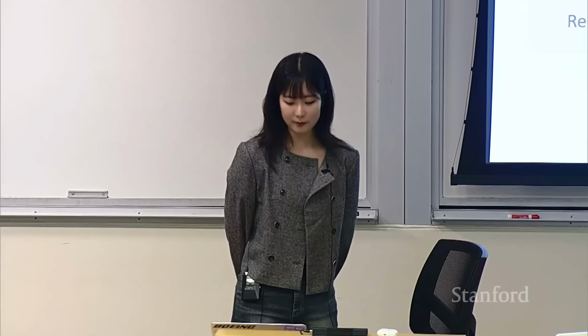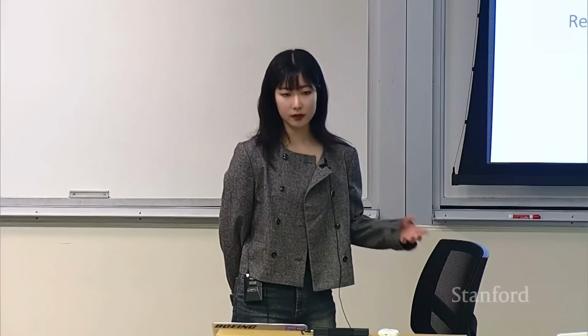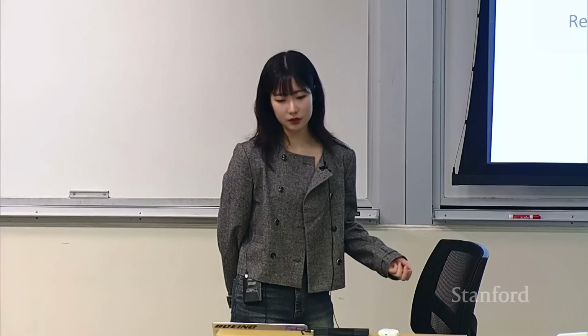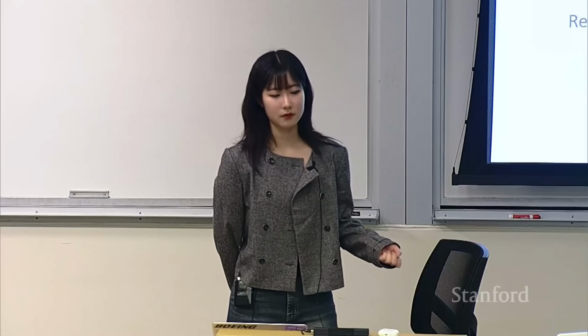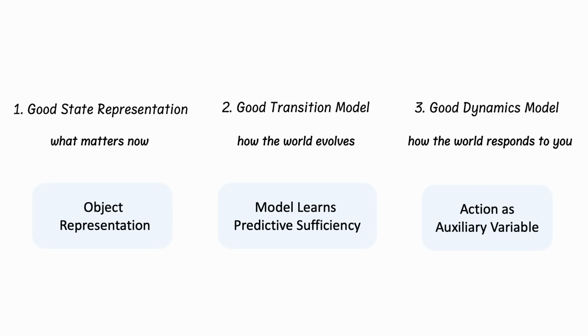And for the dynamics model, we tweaked the method to condition on the action, so we treat these action variables as a separate node. I think this is all of the causal JEPA part, and let me quickly pass it to Lucas.